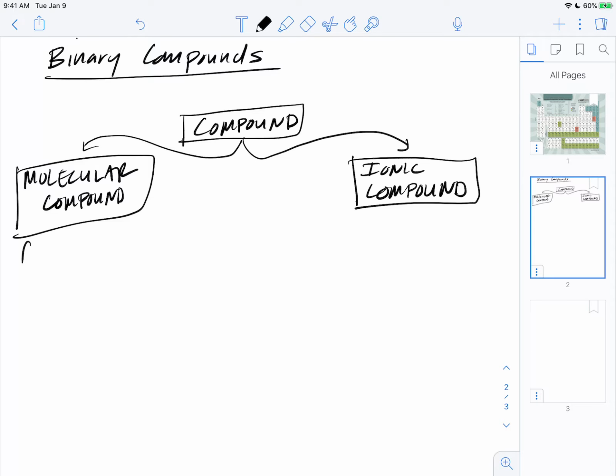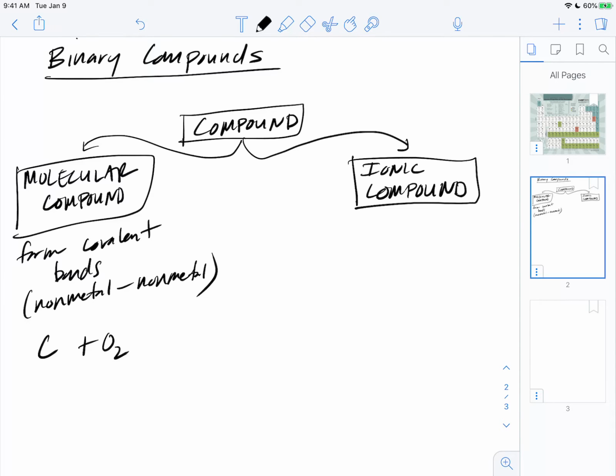Molecular compounds form covalent bonds, and these are when a nonmetal bonds to a nonmetal, so they're both on the right side of the periodic table. That would be like carbon plus O2 goes to form CO2. Okay, so these are both nonmetals, and this is a molecular compound.